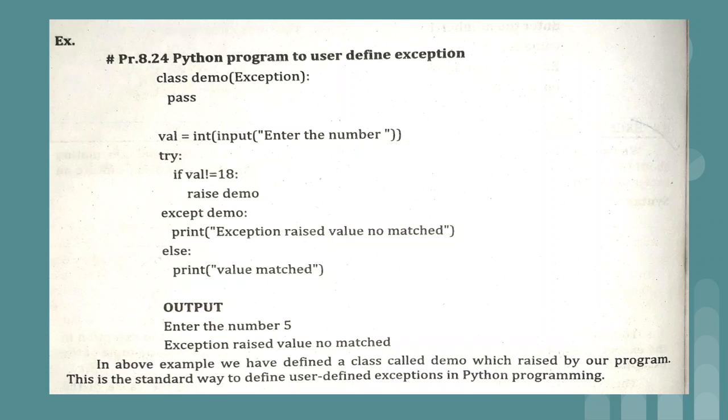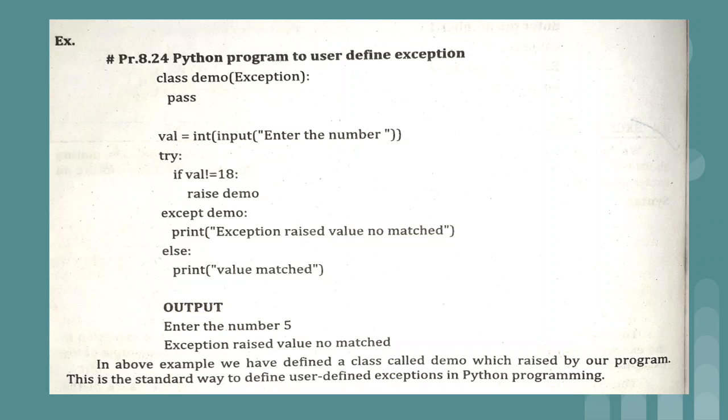Basically, if we enter 18 as input, we will get value match, and if you do not enter 18, like in this screen where the user has entered 5 as the value, we will get an exception, that is, exception raised, value no match. So this is the user defined exception.